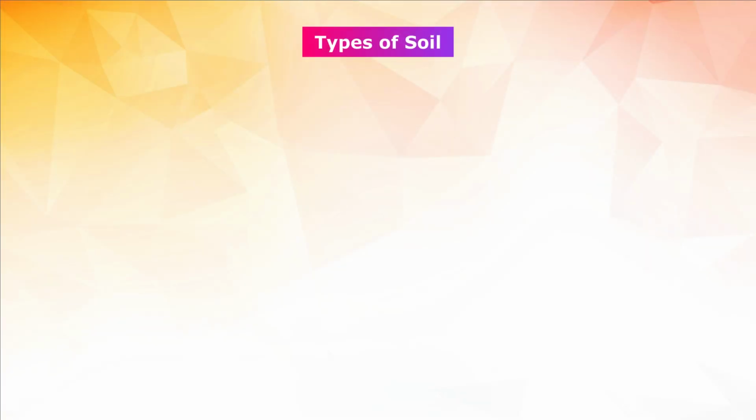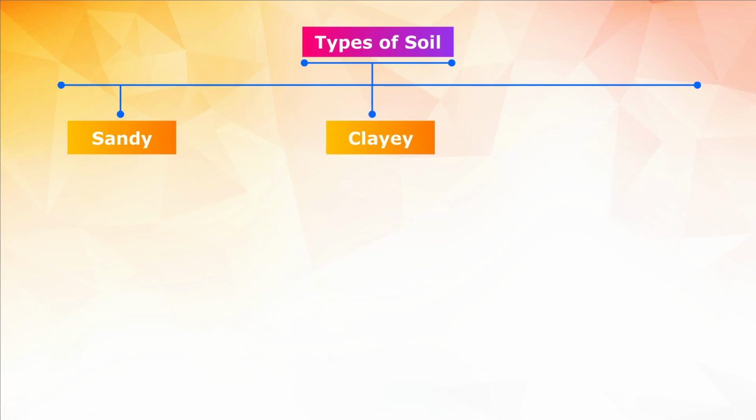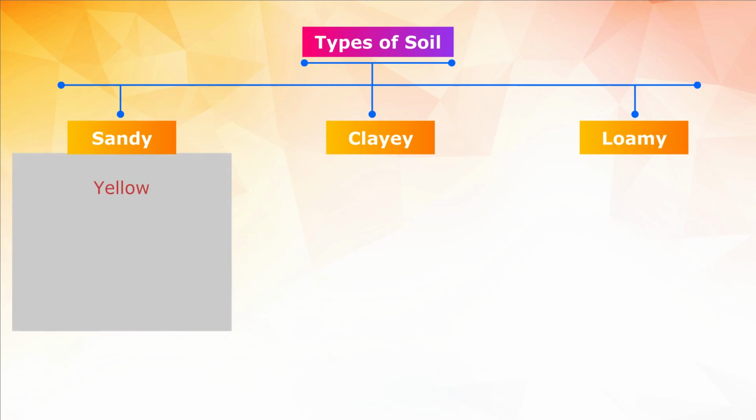Types of soil: sandy, clayey, loamy. In sandy soil, yellow, large particles, does not hold water.